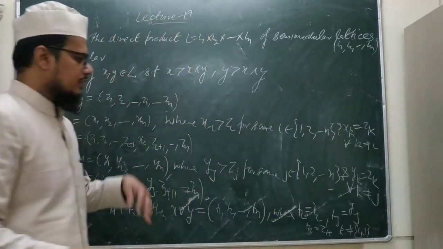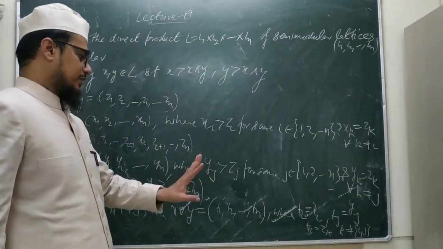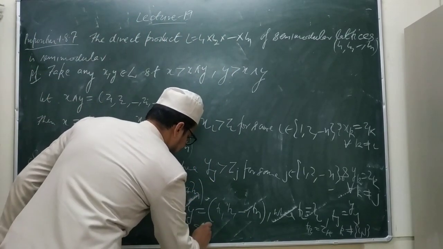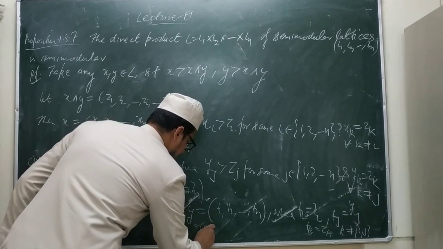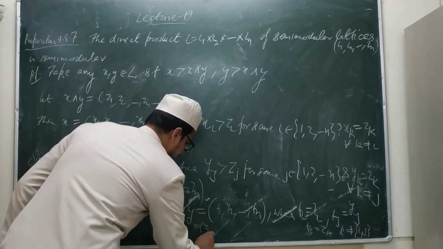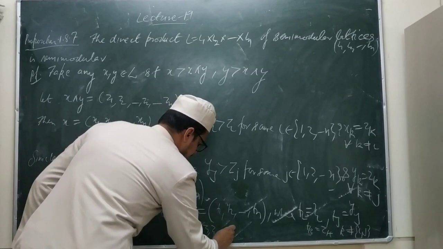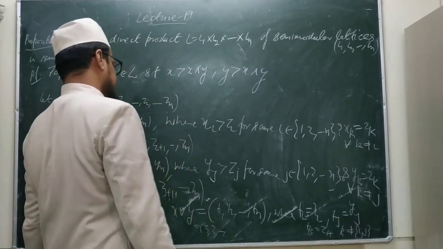Means when k is not equal to i, j, then tk is equal to zk, correct? It means that it will be like this.